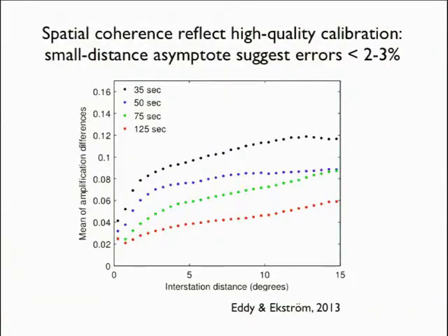And in fact, if we look at the spatial coherence, in the sense of how big is the difference between the scaling factor between two adjacent stations at different distances, you can see that as we go from right to left in this graph, closer and closer pairs, the scaling factors come down to being different only by a factor of 0.0 to 0.03.